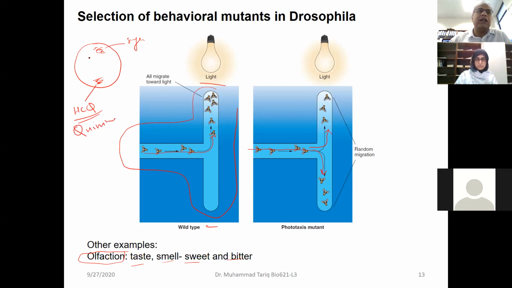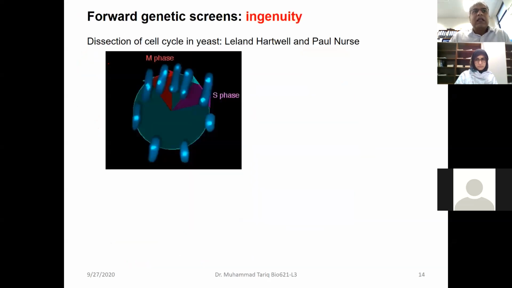In the middle, you leave all the larvae, and the ones who are defective in taste will go to this side as well, and the ones who know that sugar is our source will always go towards sugar. So these are different kinds of assays you develop to do a genetic screen.